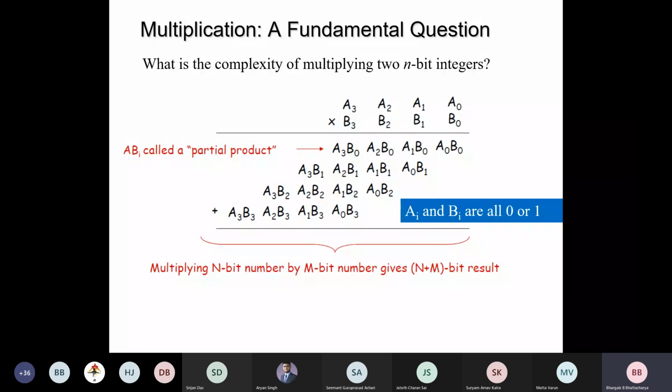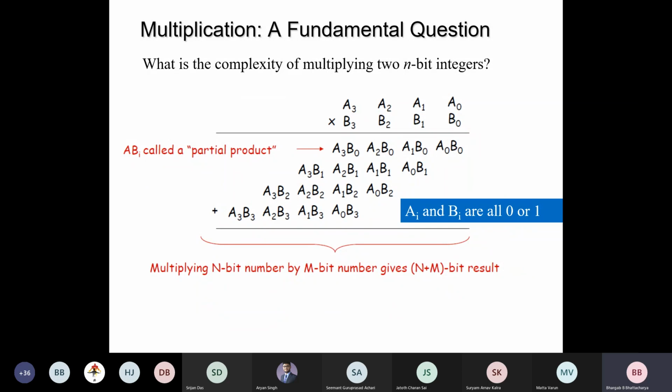So this is a fundamental theoretical question. What do you think? Imagine that you have two n-bit integers and you are going to compute multiplication by whatever algorithm or mechanism for implementing the multiplication process.